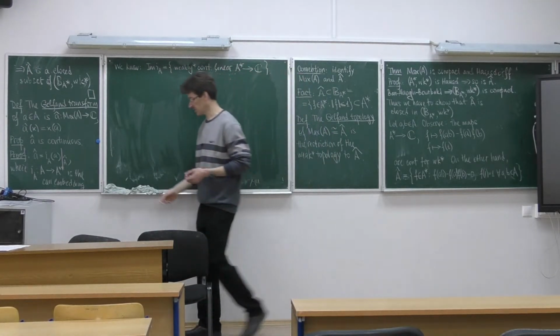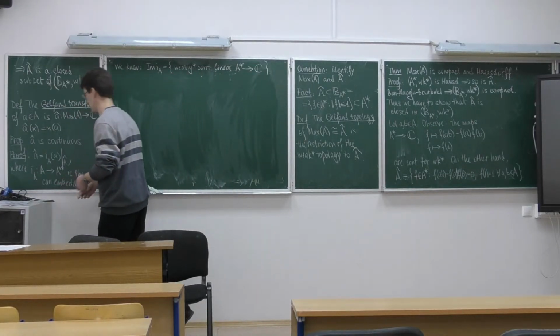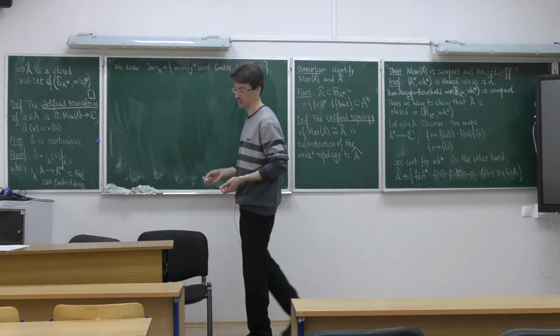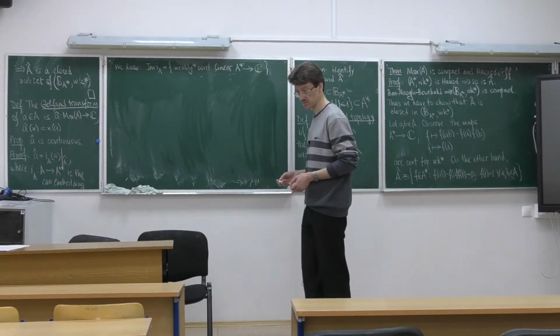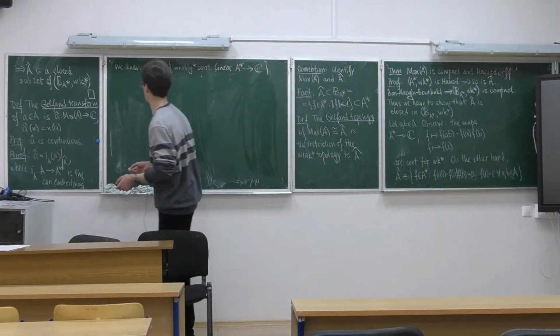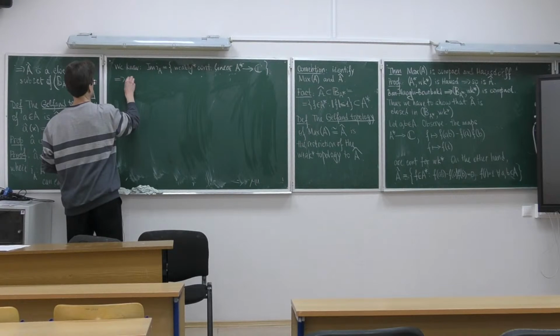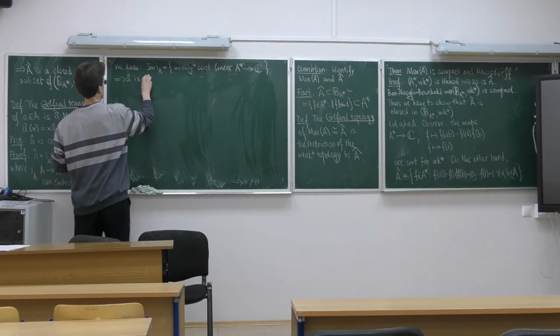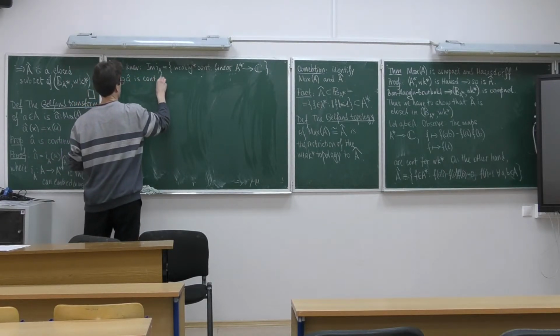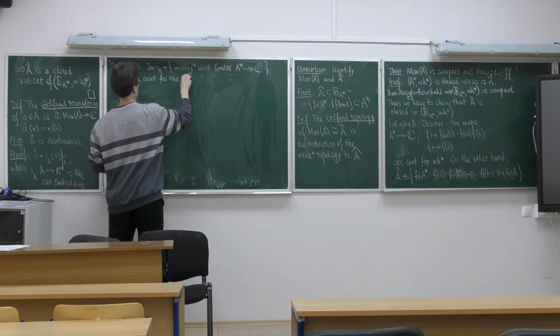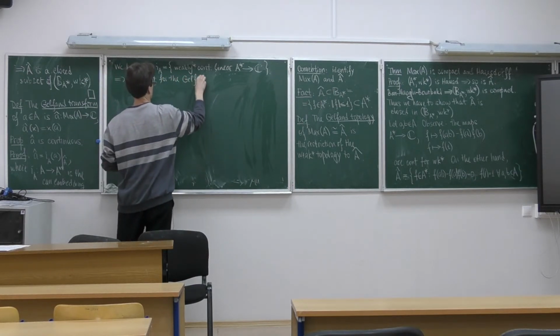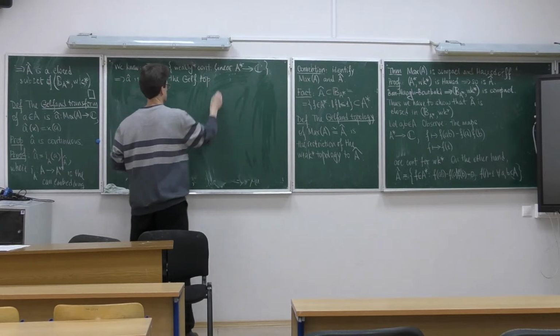So this element is a weakly star continuous linear functional, and after we restrict it to the maximal spectrum, we get a function continuous for the Gelfand topology. And that's it.